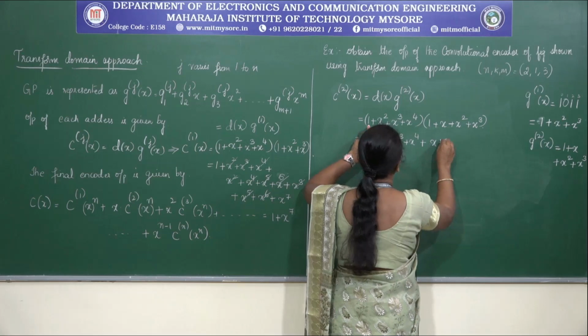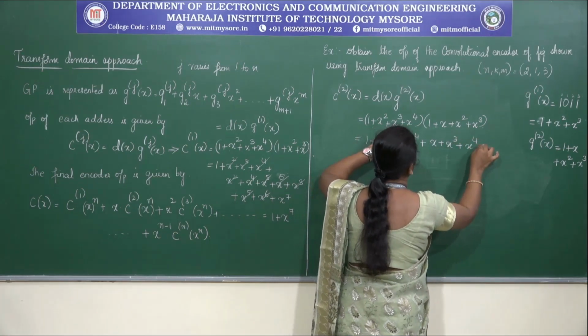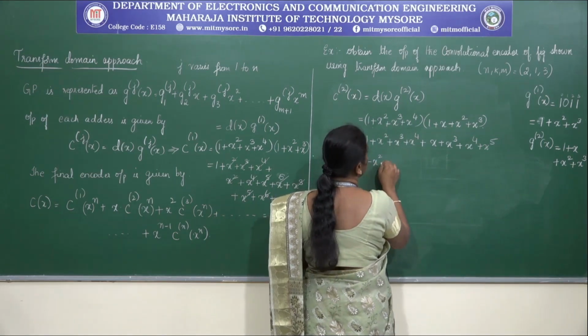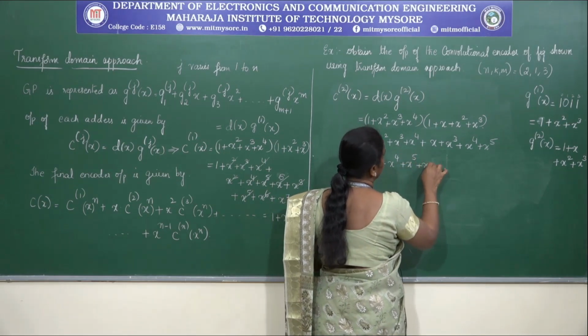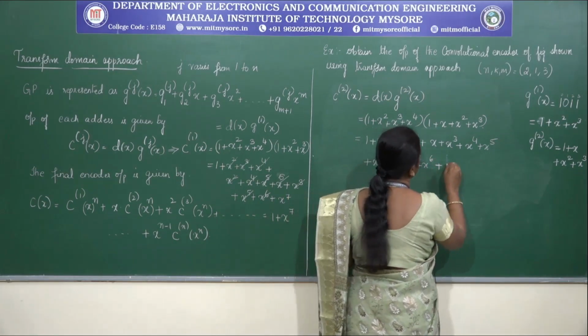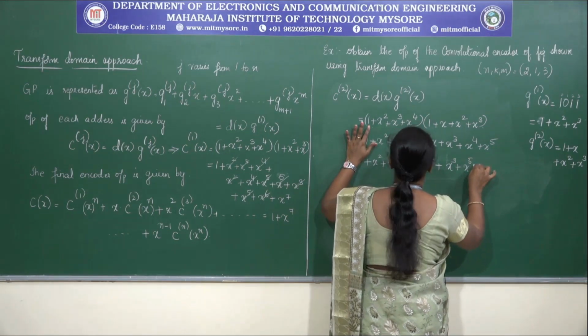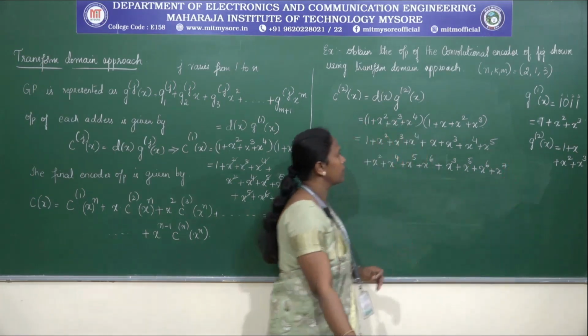plus x to the power of 3, 4 and 5 plus x square 4, 5, 6 plus x to the power of 3 plus 5 plus 6 plus 7. Okay.